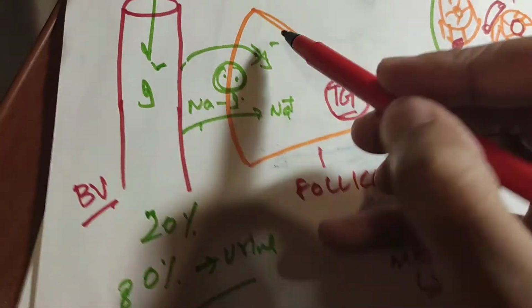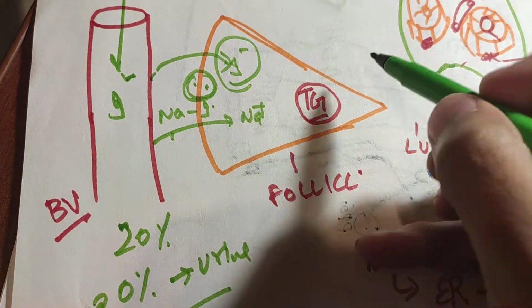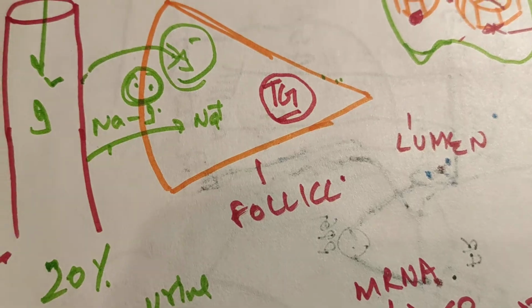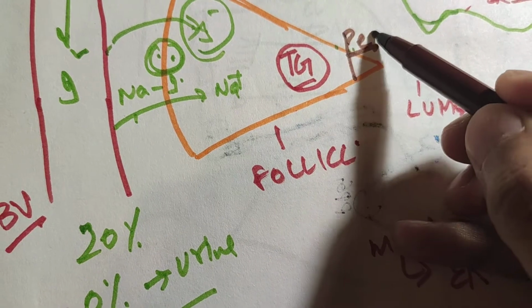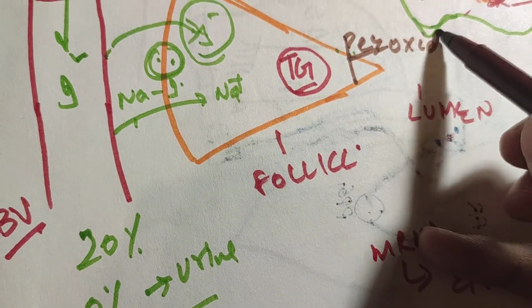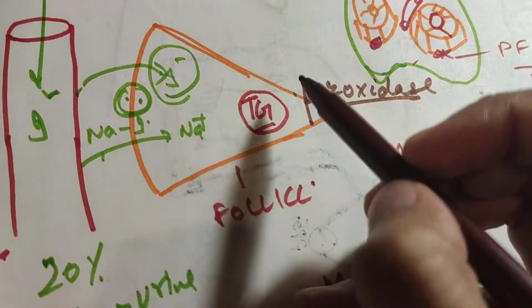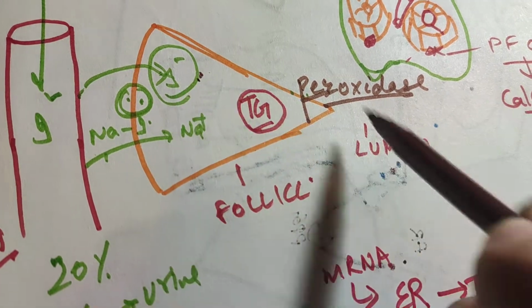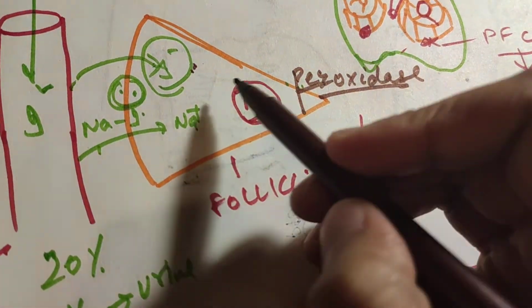Now we have iodide over here also. Here there is an enzyme, and the enzyme name is peroxidase. What is the function of peroxidase? It has 3 functions. Suppose this iodide is there. It has to go into the lumen. To form T3 and T4, it has to go to the lumen.